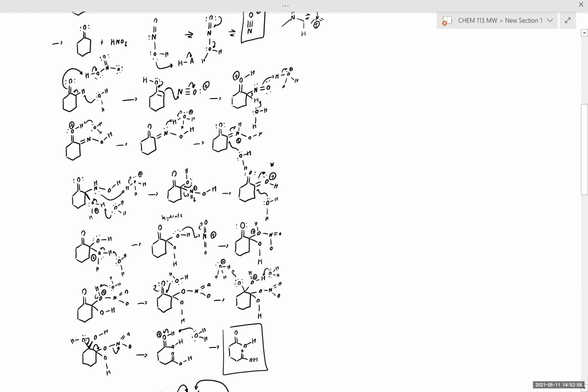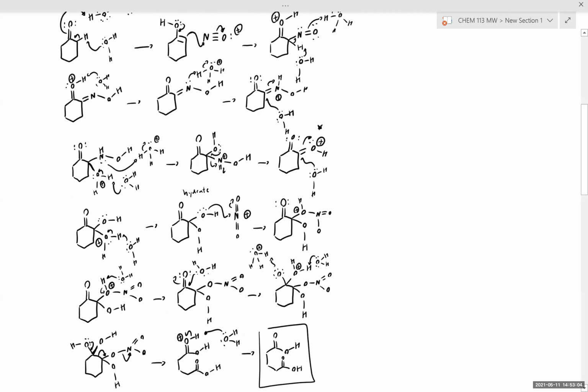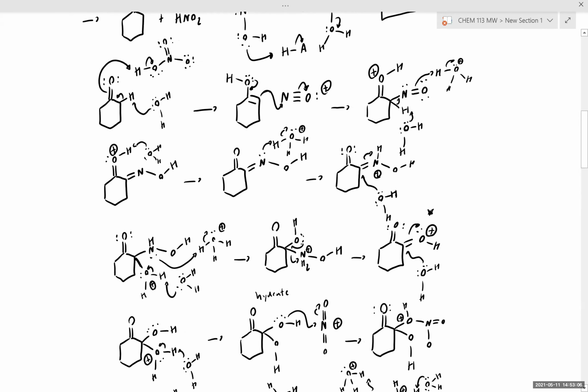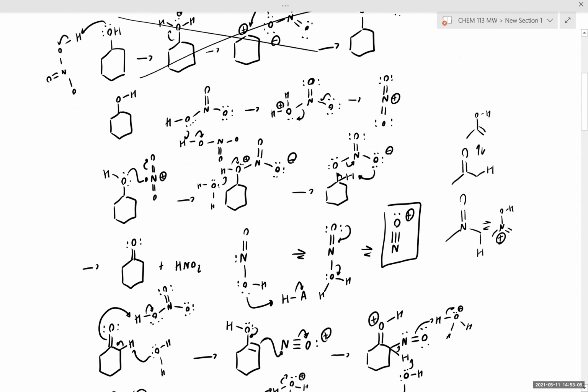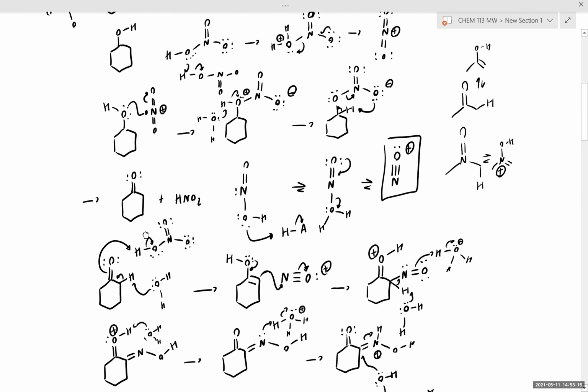So just to give everyone the summary of this mechanism once again, as it's important that we understand what's going on. We nitrate our alcohol. We oxidize our alcohol to the ketone. The ketone tautomerizes to the enol form, and it reacts with the nitronium ion.